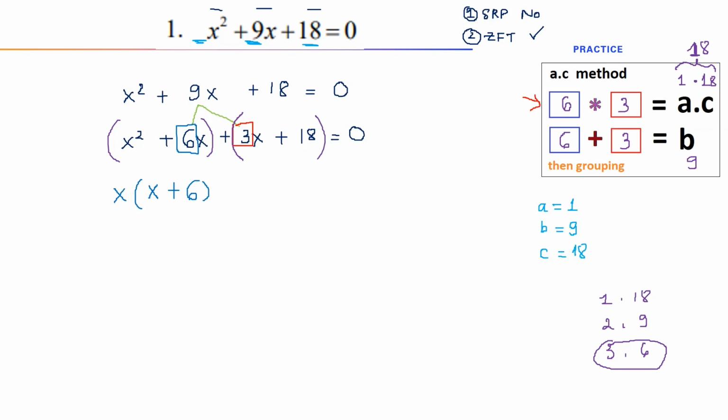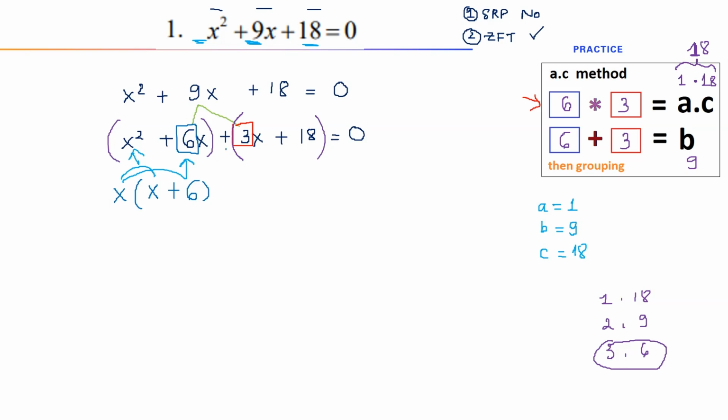To make sure that is right, we distribute it back in to see if we get what we have above. X times x is x squared. X times 6 is 6x. So that's right.